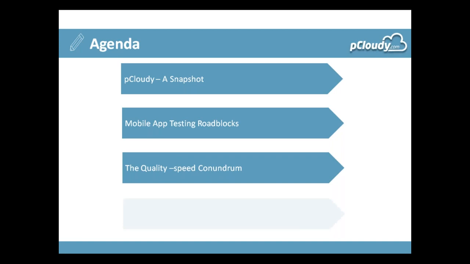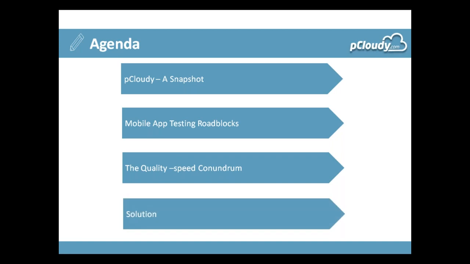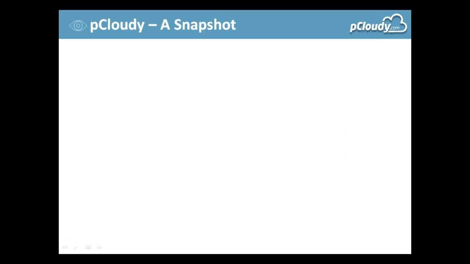And lastly, and the majority of session will be devoted around discussing possible solutions around these challenges and how do we achieve quality and speed together. So with this agenda in place, I'll start with the first topic of discussion, which is what is pCloudy all about?